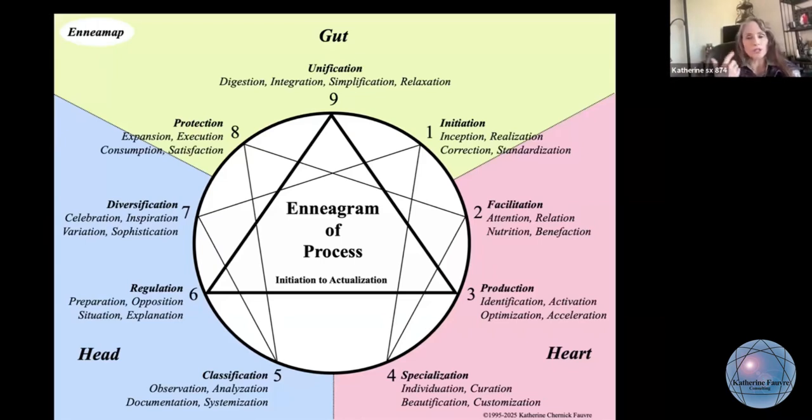And then 4, seeing, okay, individuation and curation. How do we make something that is beautified or more exclusive? And so customization. So specialization is also customization, like which seeds you're going to take and reproduce, give to the 3 to have them plant everywhere.